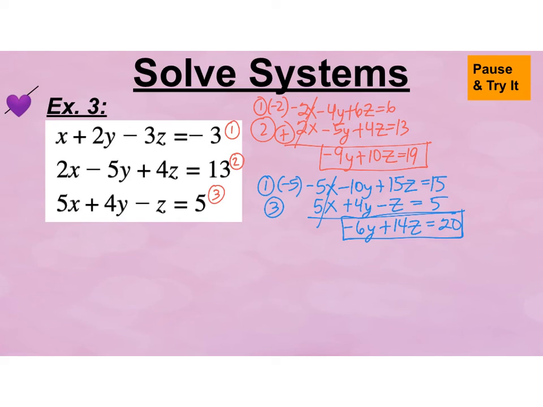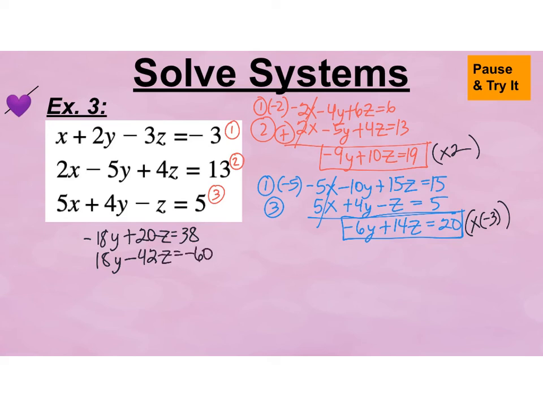We're going to put those together, and the numbers are kind of big. I'm going to have to multiply this one by -2 and multiply this one by a -3. Add down, I'll eliminate my y's. I get -22z equals -22, so z is 1. We have one of our variables.